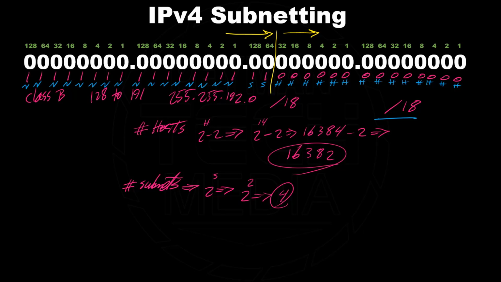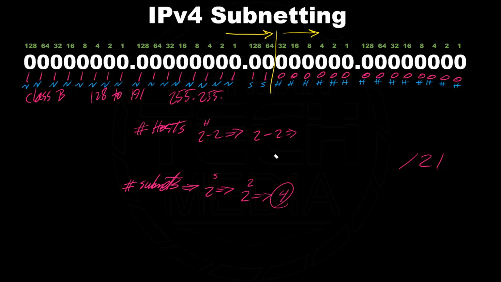For example, let's say they say /21. So I'm going to go ahead and erase, let's say, 18. And of course, the number will change. And this will change as well.